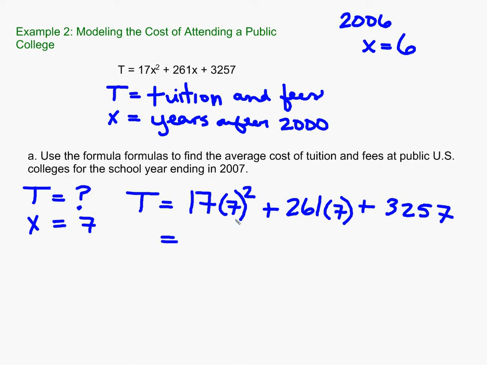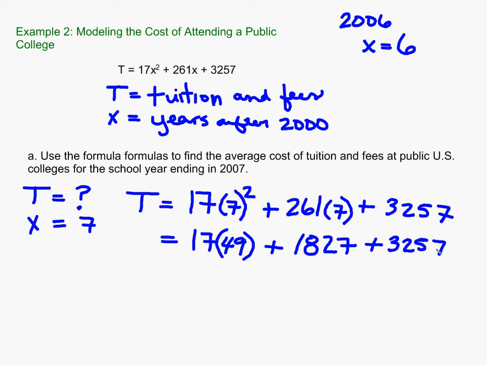To do that, I'm going to do my exponents first. Remember your order of operations. So 7 to the power of 2 gives me 49, times 17. Then I'm going to go ahead and simplify. 261 times 7 is going to give me 1,827, plus my constant, 3257.